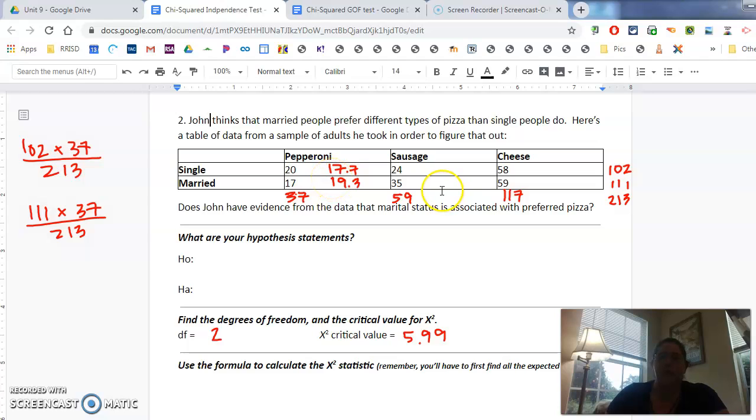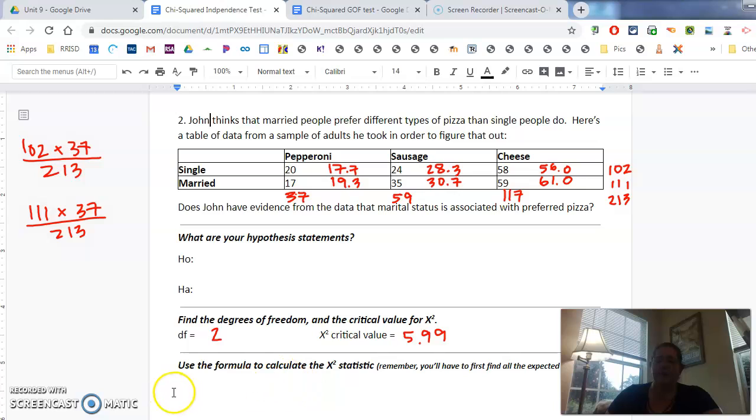Actually, I'm just going to write them in right now because I have them on my other calculator. 28.3, this one is 30.7, this one is 56.0, and then this one 60.97, so 61.0 is how that would round. So those are my expected counts.